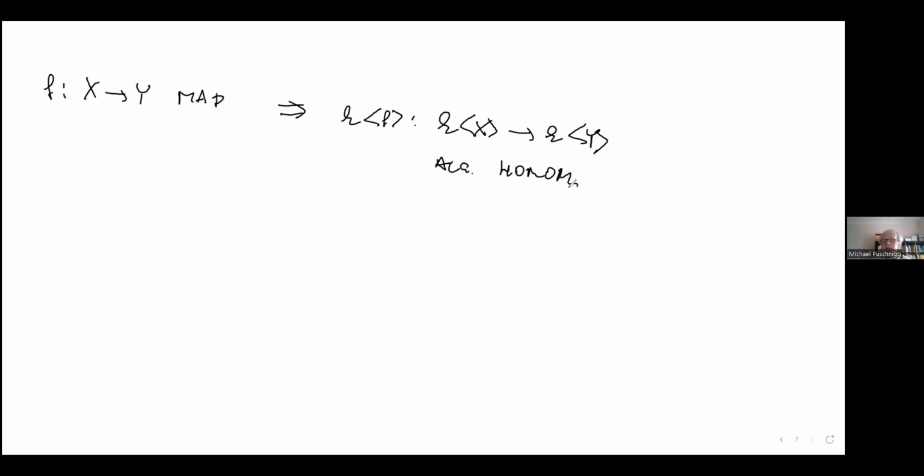Okay, it's pretty clear because when you have a Cartesian square, the projection onto the second factor is natural. Now we will use this twice.